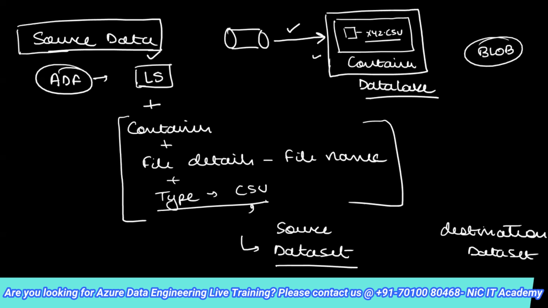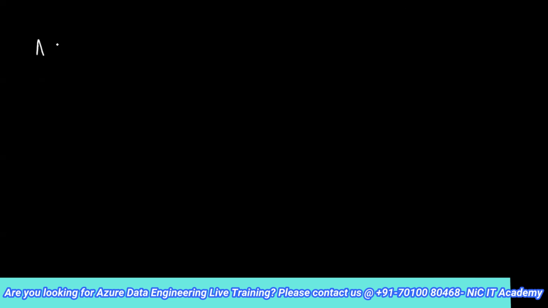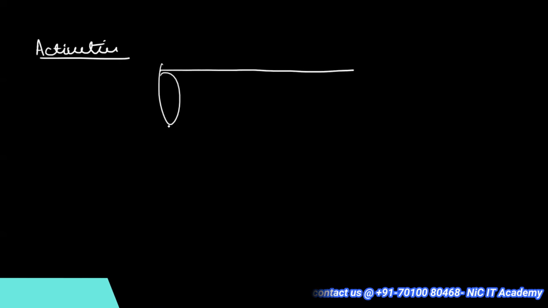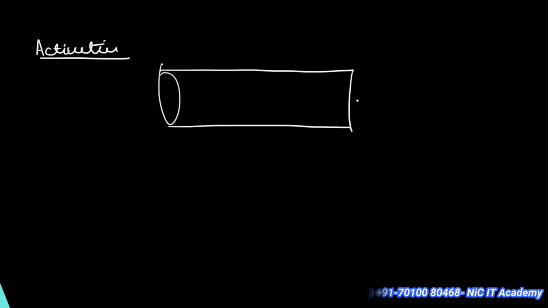All right. Now, activities are basically the transformations that you define on the data. Within a pipeline, there will be multiple transformations that you will be doing on the data, right?